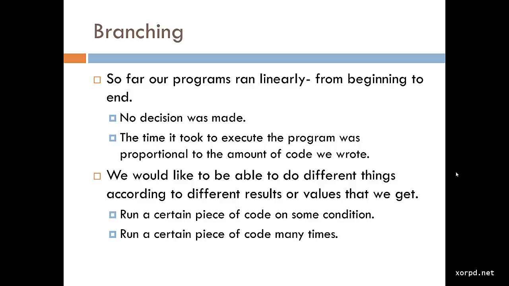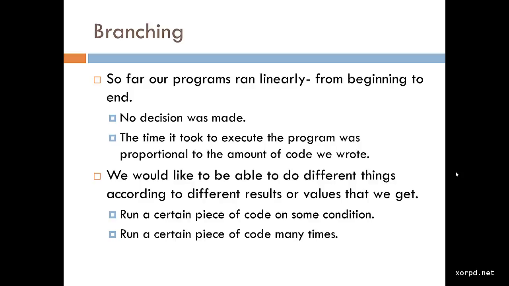Therefore, the time it took to run the program is proportional to the amount of actual code that we wrote, which is not very interesting. That actually means that if we want the computer to do much work, we have to write much code ourselves, which is not what we expect as programmers.